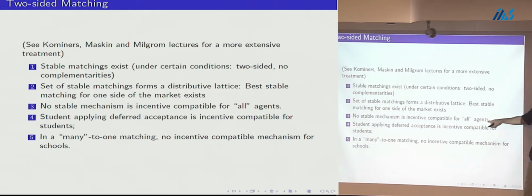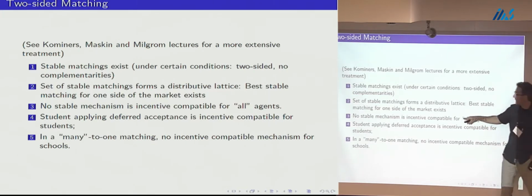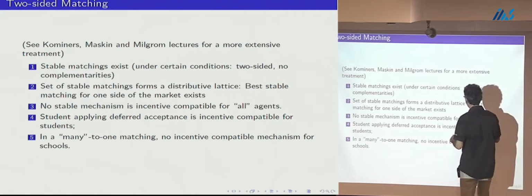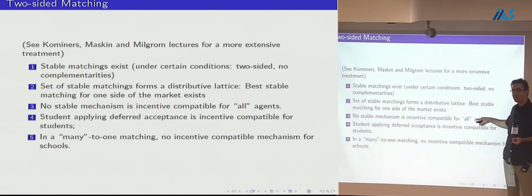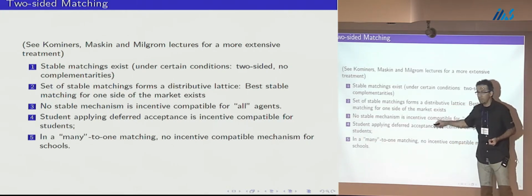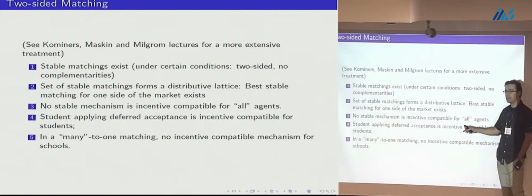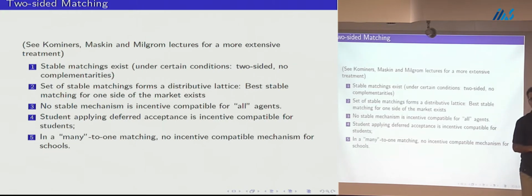We know that no stable mechanism is incentive compatible for all agents. If schools are strategic agents, as well as students, we would not be able to find a mechanism that's incentive compatible for all agents. However, the Gale-Shapley student proposing deferred acceptance algorithm is incentive compatible for students.